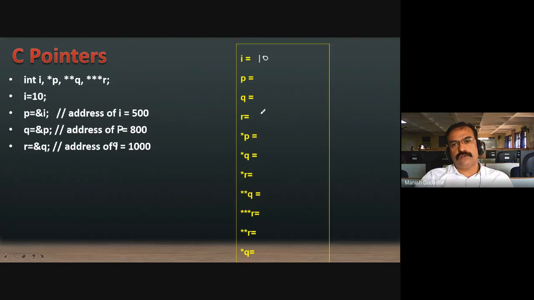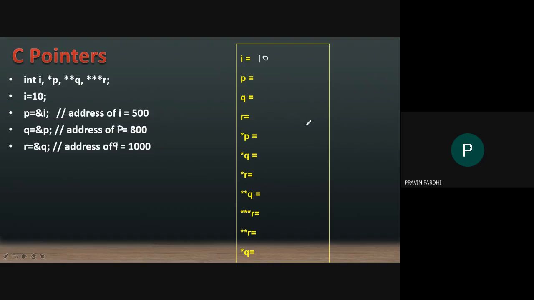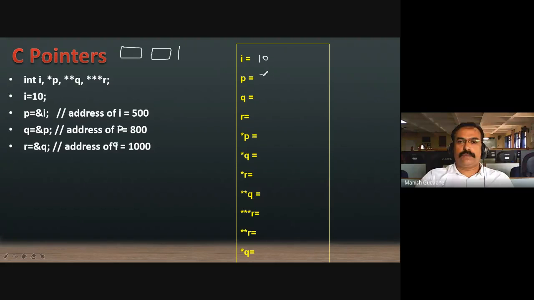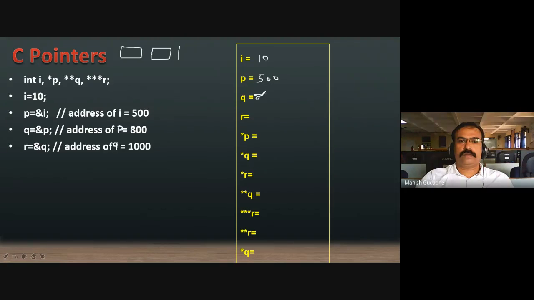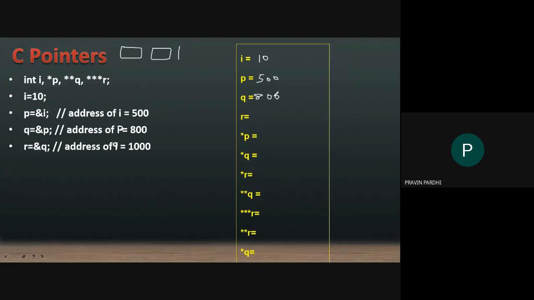So, what are the values of P, Q, R? P value 500, Q 800, and R 1000.